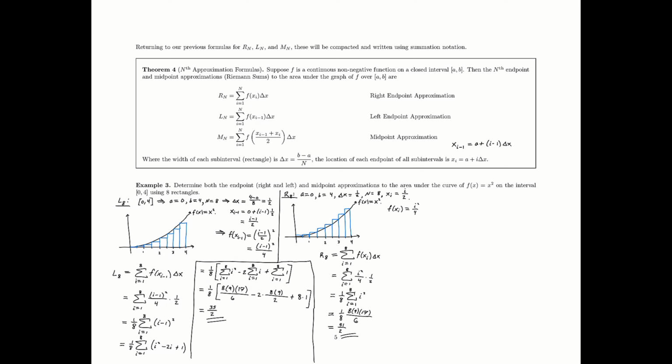Okay. Now for the midpoint, what we want to do here is, for each of our rectangles, we're simply going to use the midpoint. So again, a is 0, b is 4, delta x is still a half, but what does significantly change here is that n is still 8, but our midpoint, I'm going to call this x bar for the midpoint.